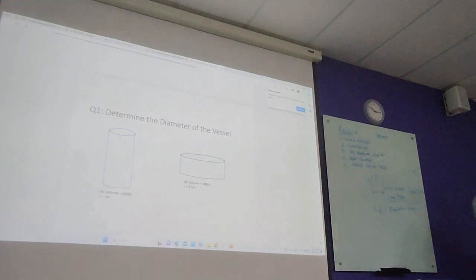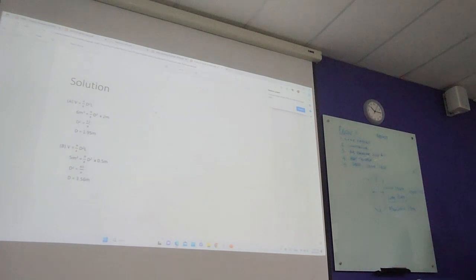Length is 2 meter. Height is 4 meters. So this is the formula we use. Diameter cannot be 2 mm, it's so small.